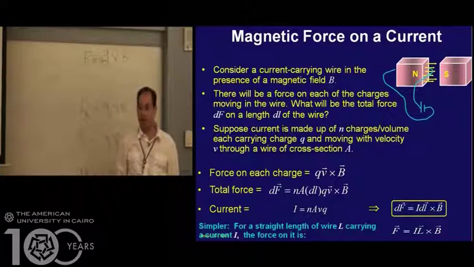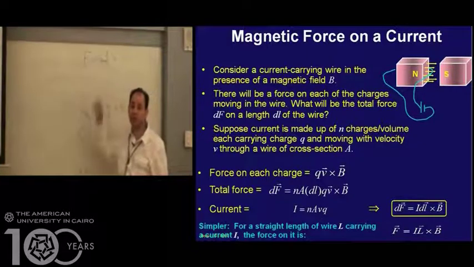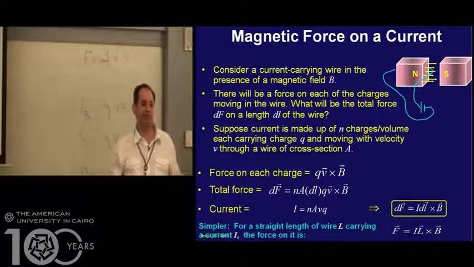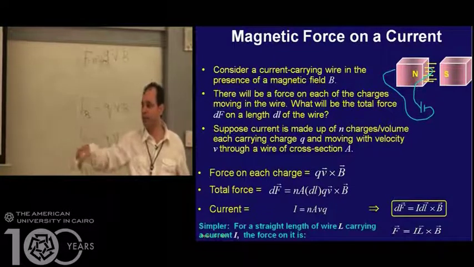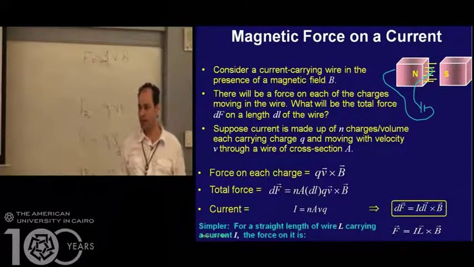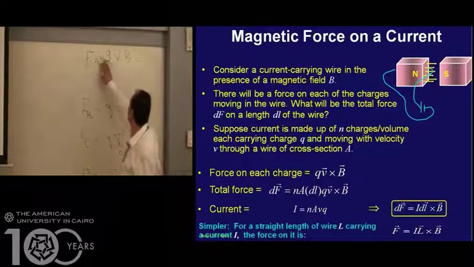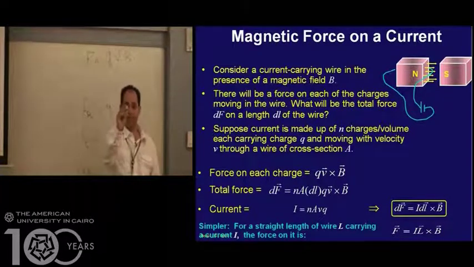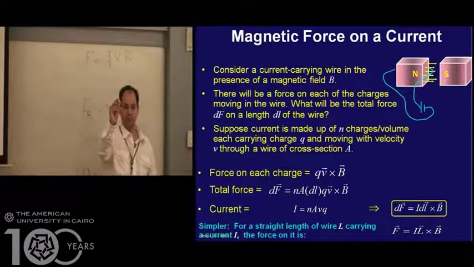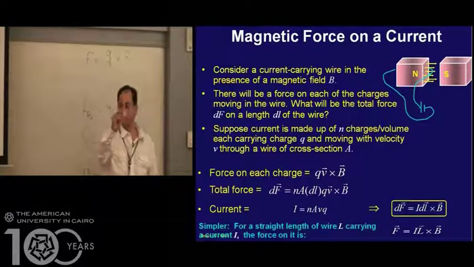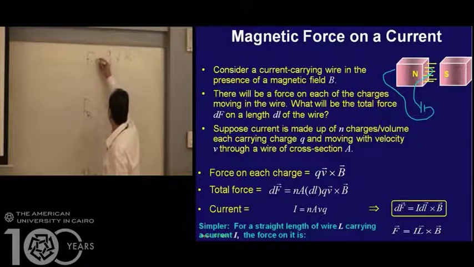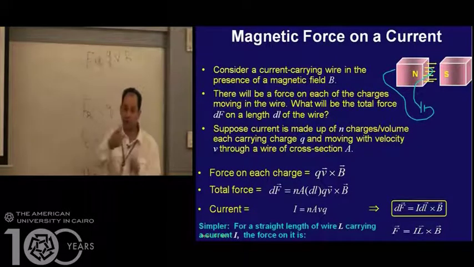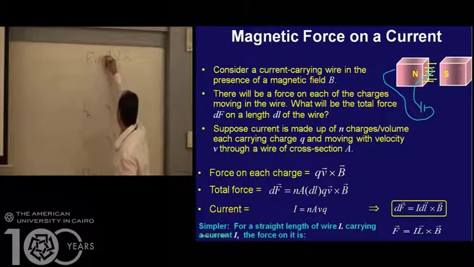N, the number of charges per unit volume, is a property of any material. It's tabulated, it's well known. Now, what is the volume of that piece of wire? It's the area, whatever the cross section is, times the length.